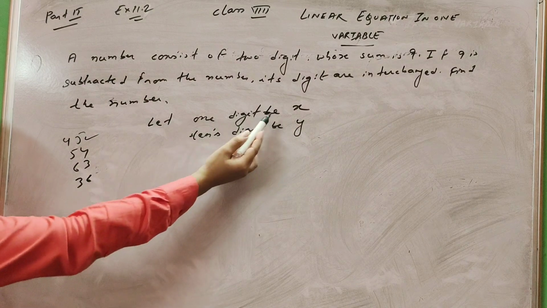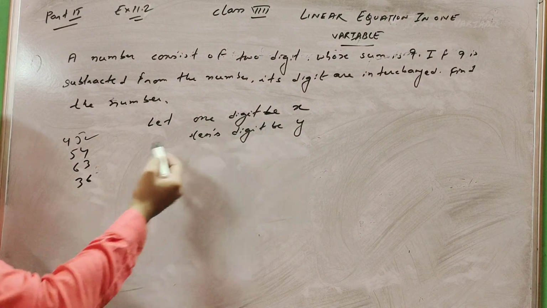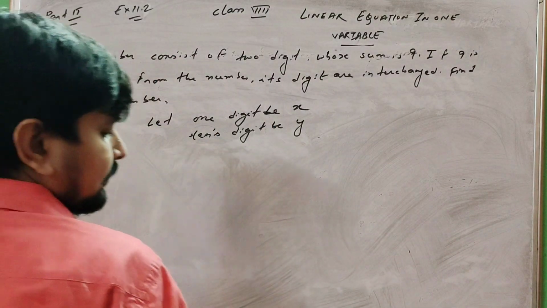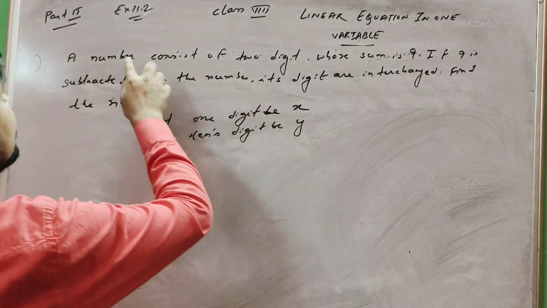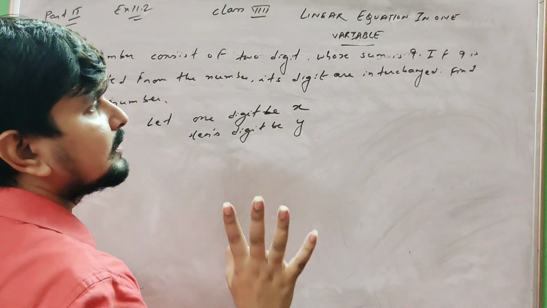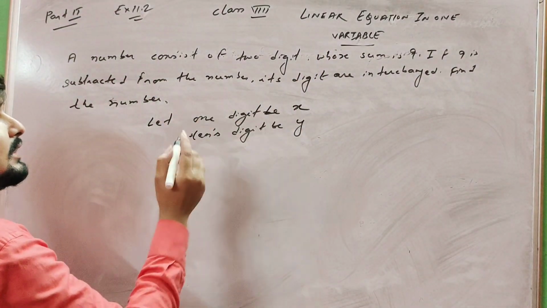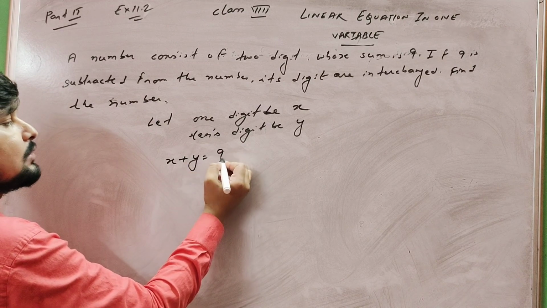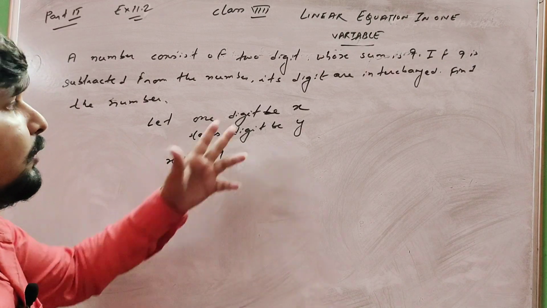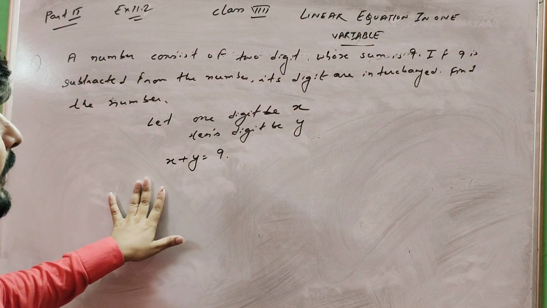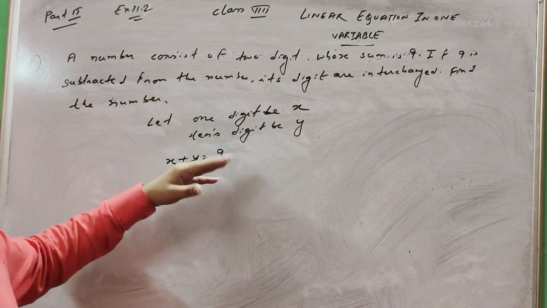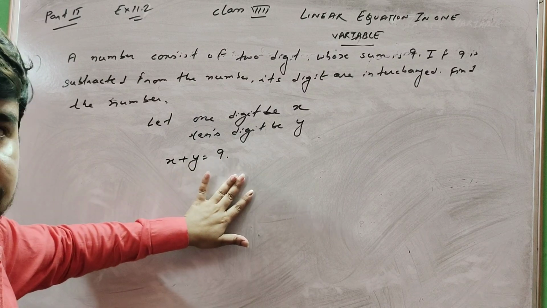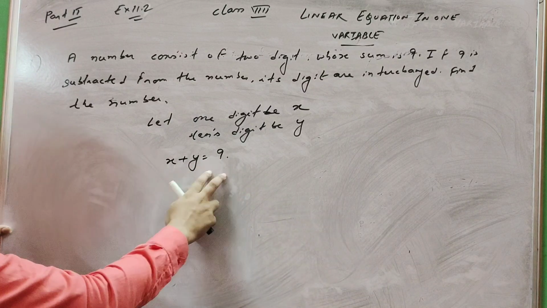So the unit digit we take as x, and the tens digit y. A number consists of 2 digits whose sum is 9, so x plus y equals 9. When you add the 2 digits, the sum is 9.